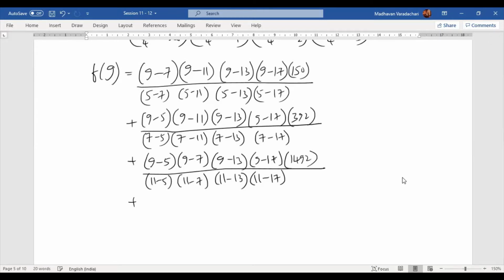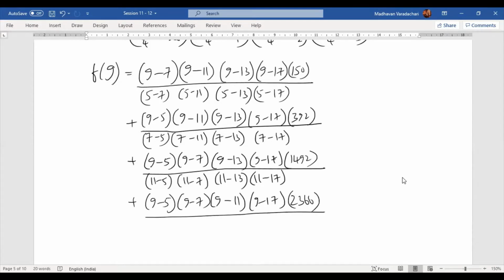Then the next, 9 minus 5, 9 minus 7, 9 minus 11, 9 minus 17 times y3. Y3 is 2366 divided by 13 minus 5, 13 minus 7, 13 minus 11, 13 minus 17.